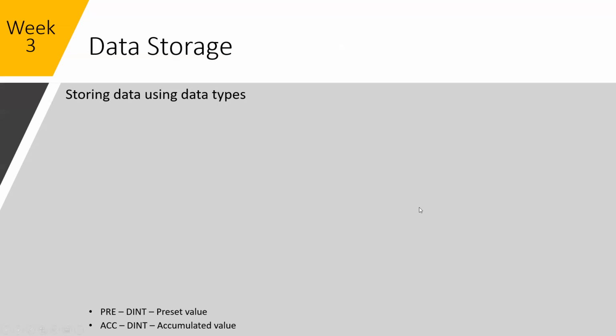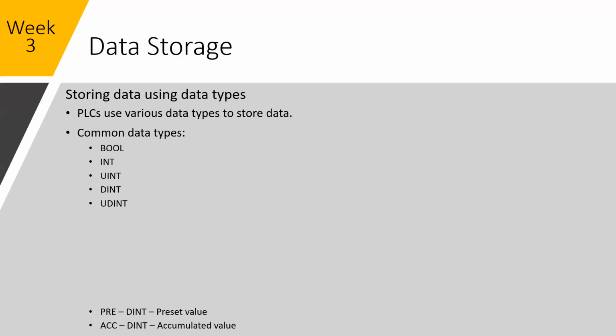So, data storage. Last week we talked about various data types. There are some common ones. So we have bool, integer, unsigned integer, double integer, unsigned double integer. These are the base building blocks of data manipulation.